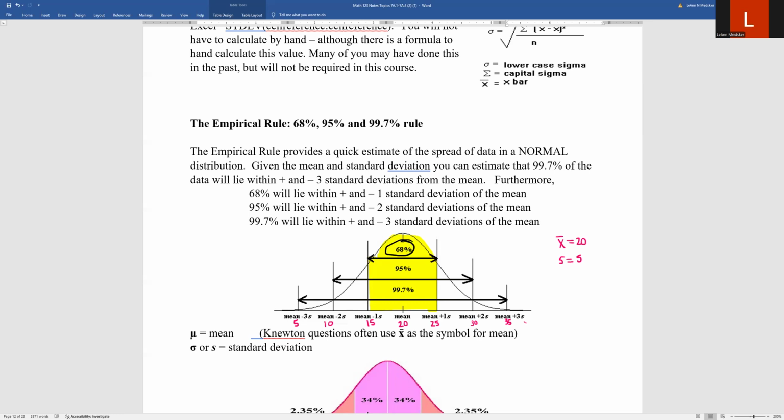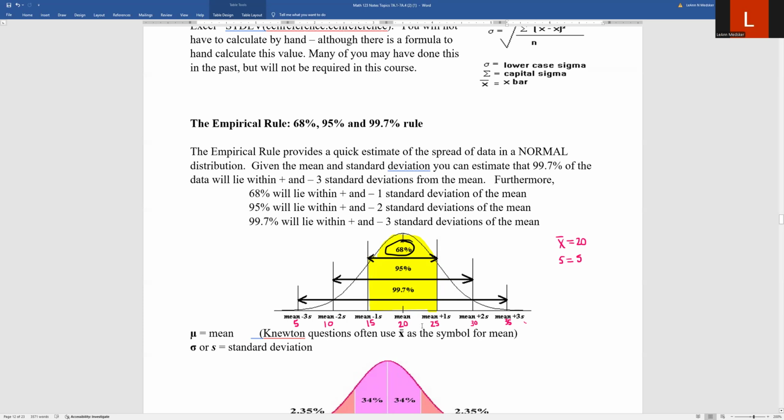And then if you go one more standard deviation, so 3 standard deviations on each side of the mean, so from 5 to 35, almost 100%, 99.7% of our data, if you had the list of data in front of you, would be numbers between 5 and 35. Okay, so that's what this little empirical rule tells us. A lot of times people will just call it the 68, 95, 99.7 rule.